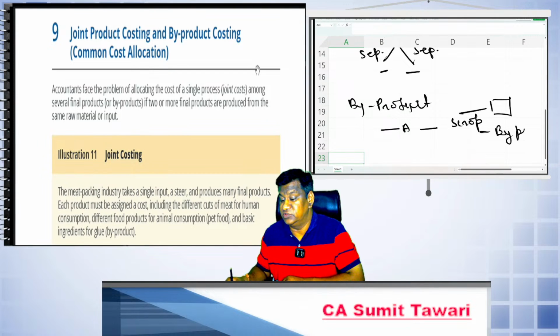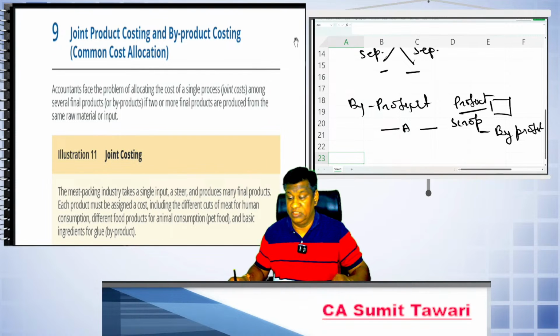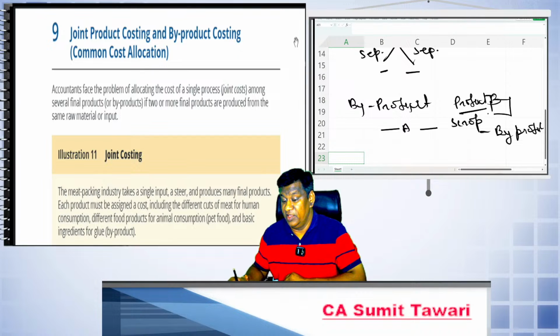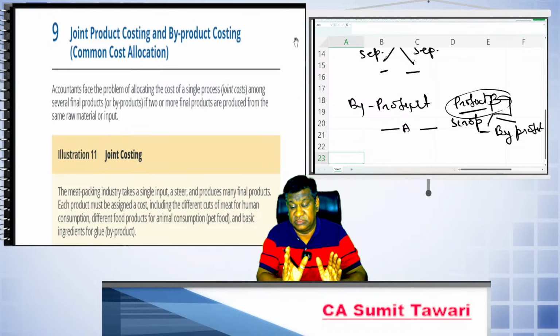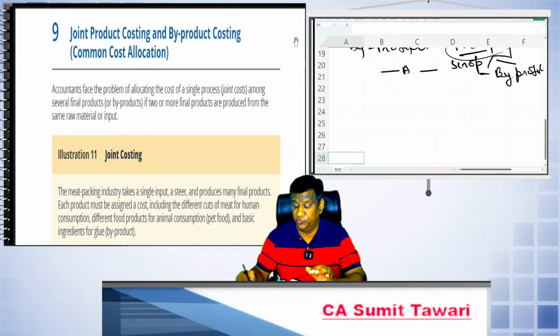Means my intention is not to produce product B here. But I'm getting the product B in the form of scrap, which carries commercial value. So why we consider the joint product separately and the byproduct separately, that also you need to understand.